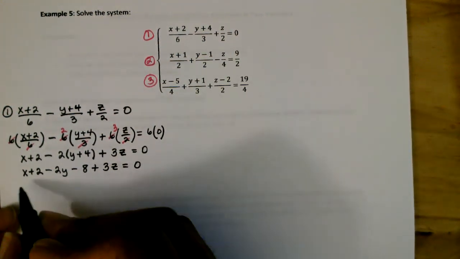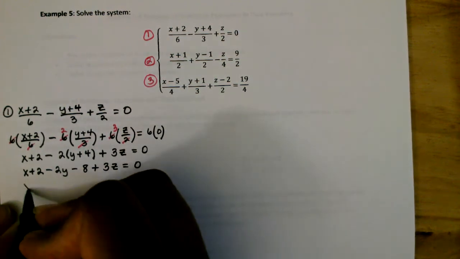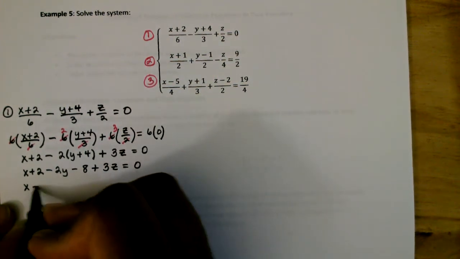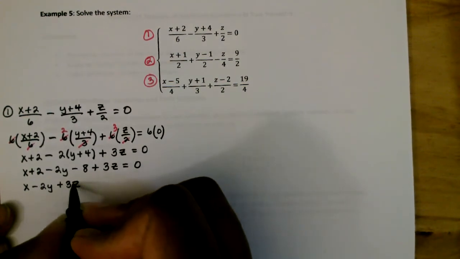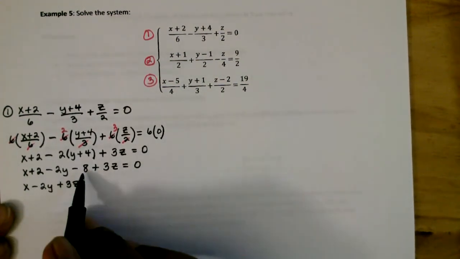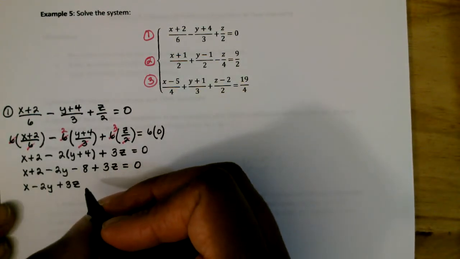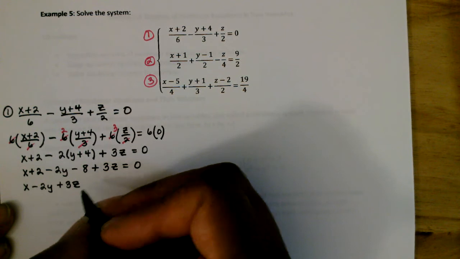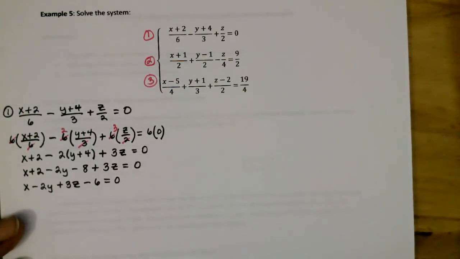Now let's see here. I'm going to write the variables first, x and then minus 2y, and then plus 3z, and do 2 minus 8, which is of course negative 6.